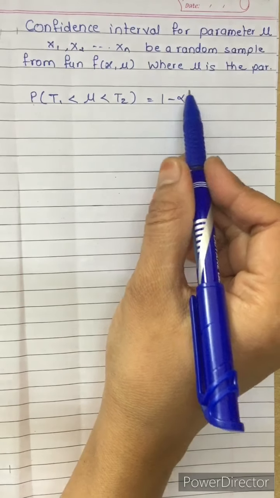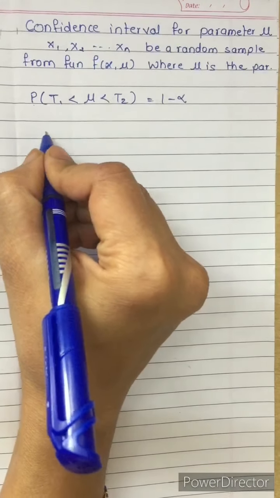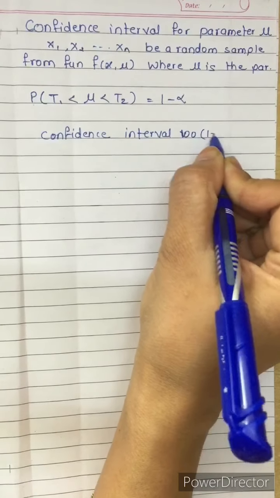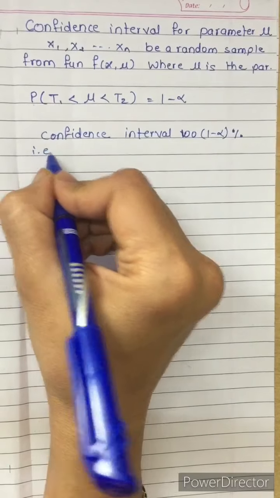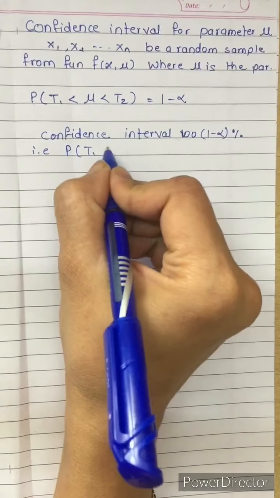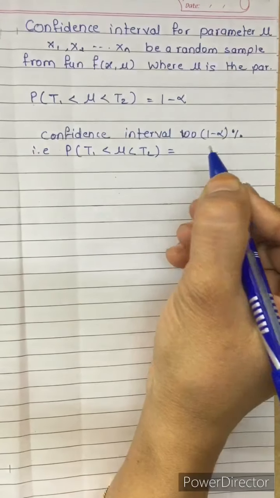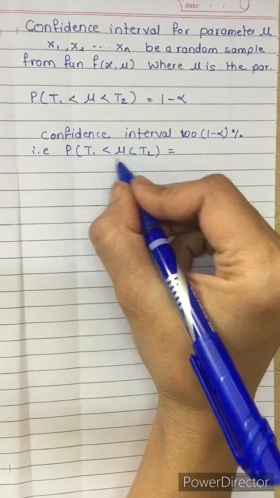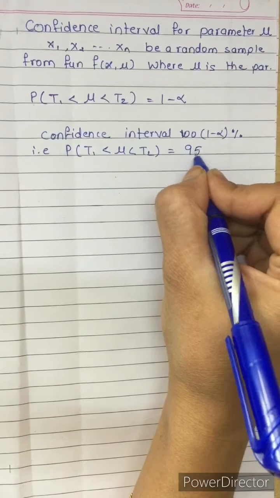the probability of critical region, and therefore for confidence interval we have 100(1 minus alpha)%. That is, suppose probability of t1 less than mu less than t2, if your alpha level of significance is 5%, then the confidence interval is 95%.